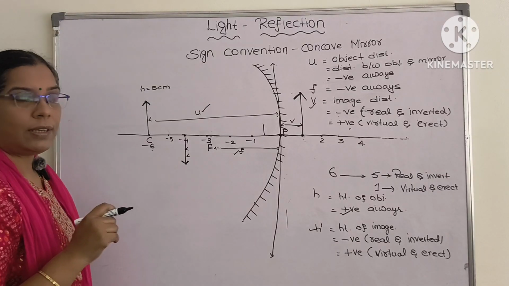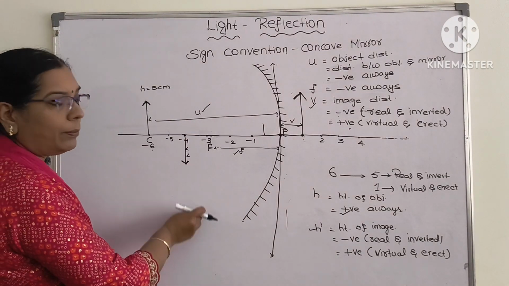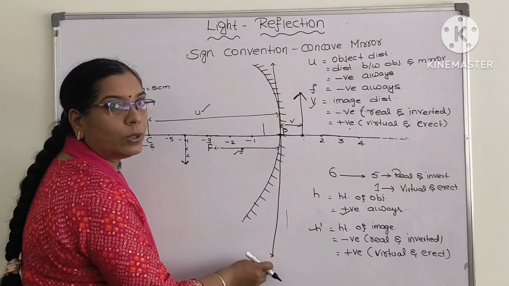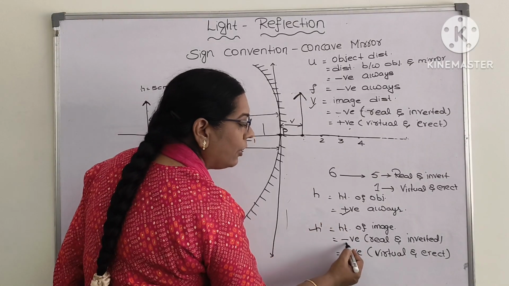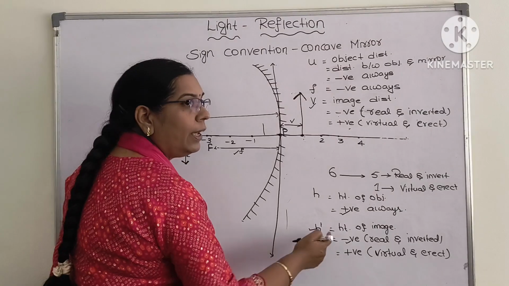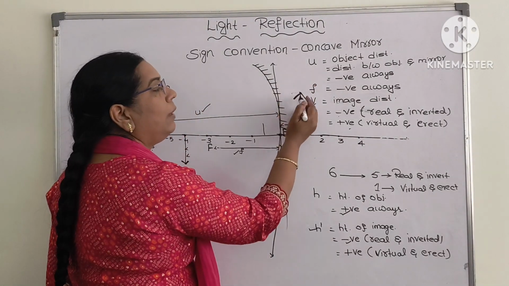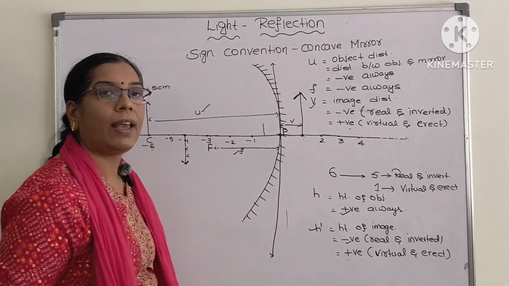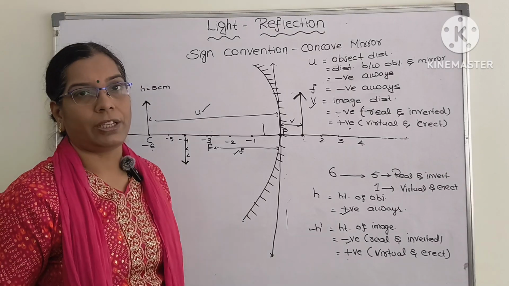If the image is real, it will be pointing downwards. Since it will be an inverted image, it will be pointing towards the negative y-axis, and hence for a real image, H prime, which is the height of the image, will be negative. For a virtual and erect image, the image will be pointed towards the positive y-axis, and hence it will have a positive sign.